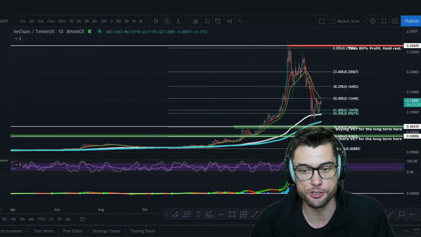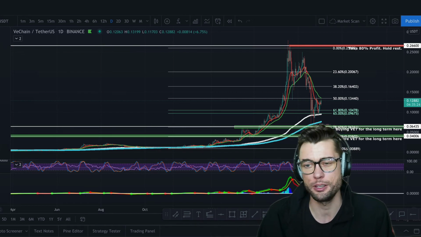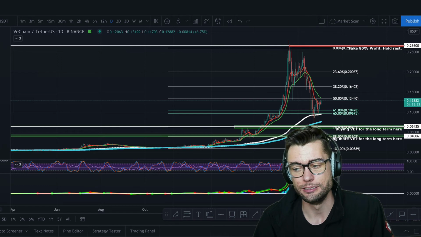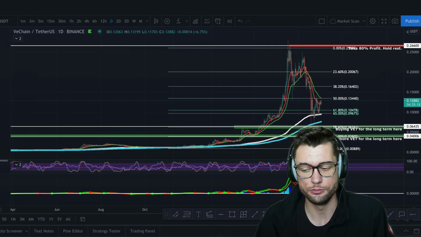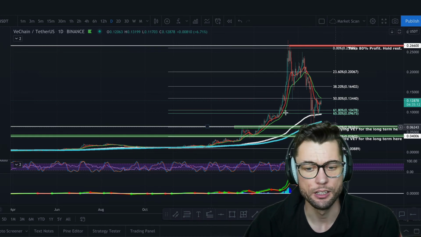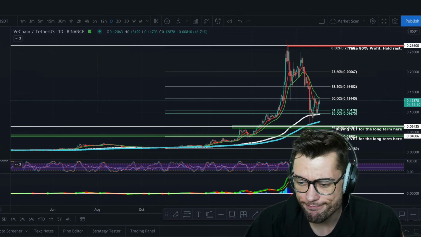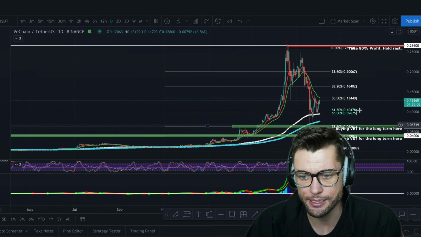I'm in a couple shorts because I'm more comfortable being in short right now, even though I'm not totally comfortable being in them. So I'm trying to just be objective with it. And that's going to do it for today.